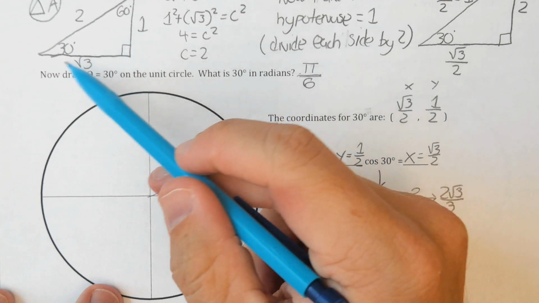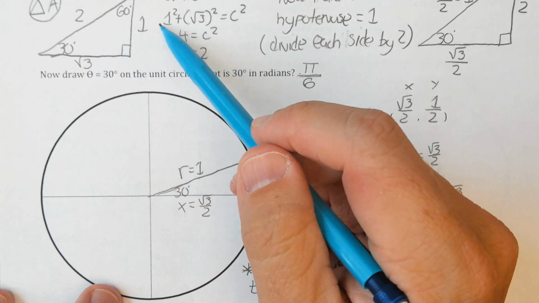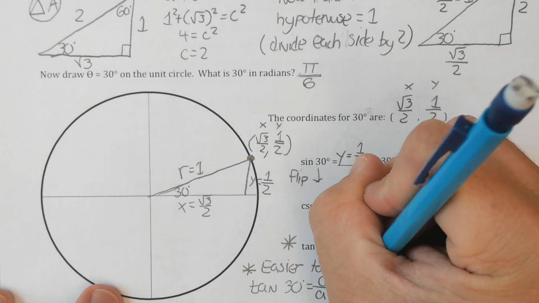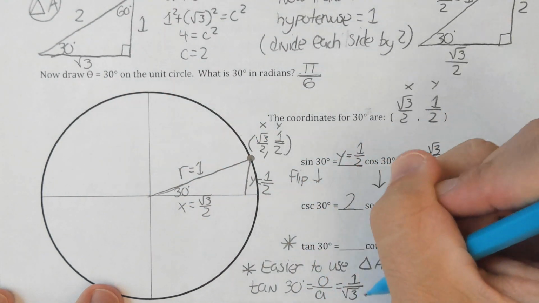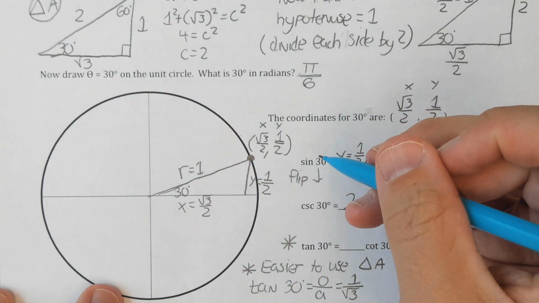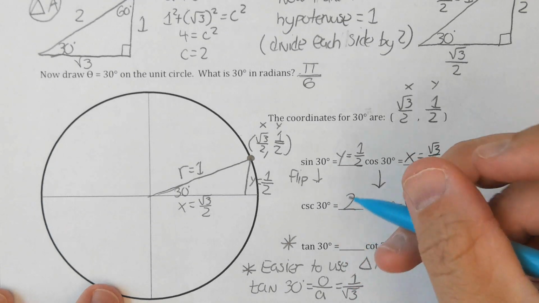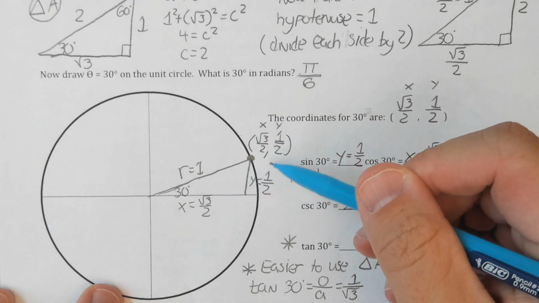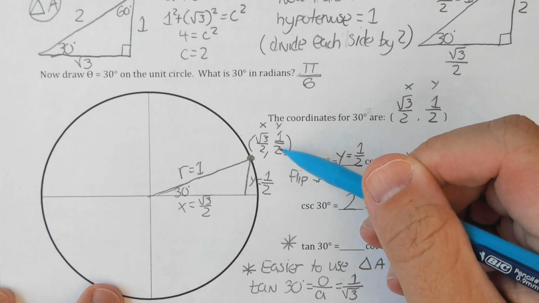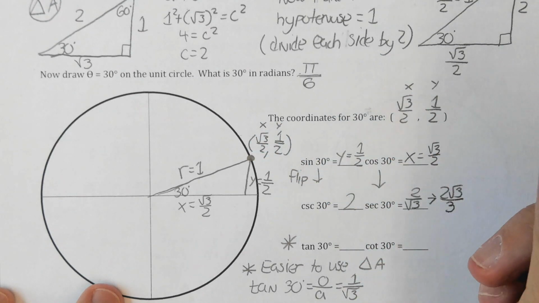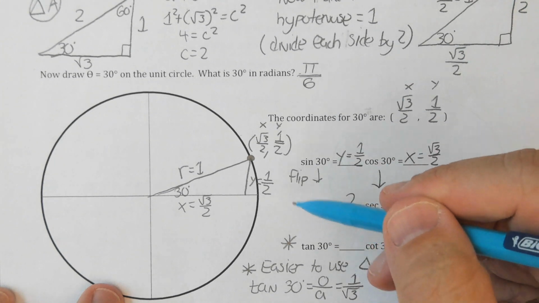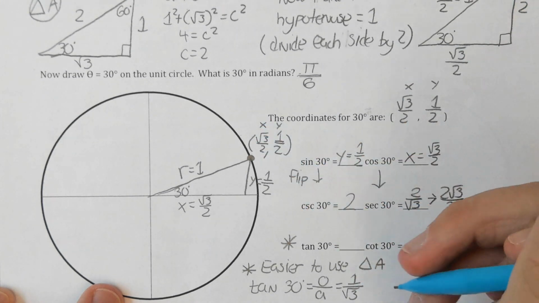So if you use our original triangle here from 30 degrees, opposite 1 over adjacent root 3. The reason why I say that is it's a lot easier than trying to do y over x based on the unit circle, because that would be 1/2 divided by root 3 over 2. That's pretty crazy to do. With a calculator, not so bad, but still.